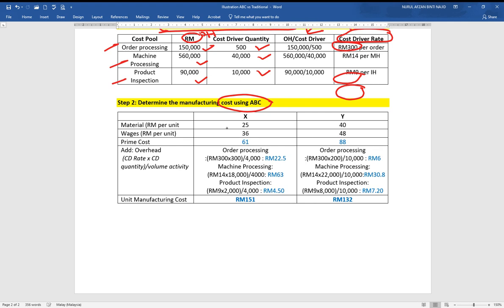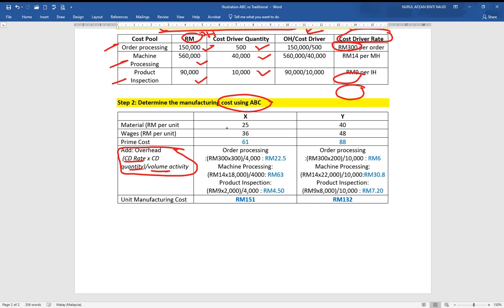The calculation is the same as the single basis, which is the traditional method, and the difference is only in calculating the overhead absorption. The formula for overhead absorption for ABC is the cost driver rate times the cost driver quantity divided by volume for each of the activity.